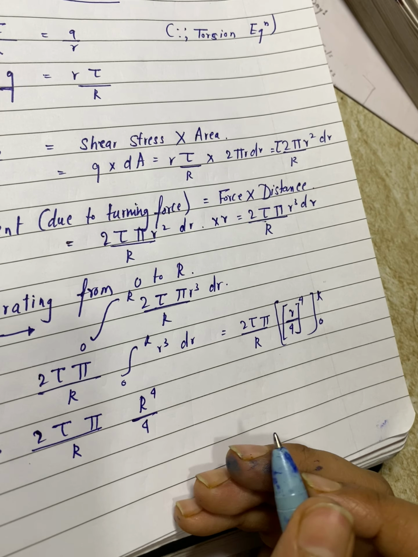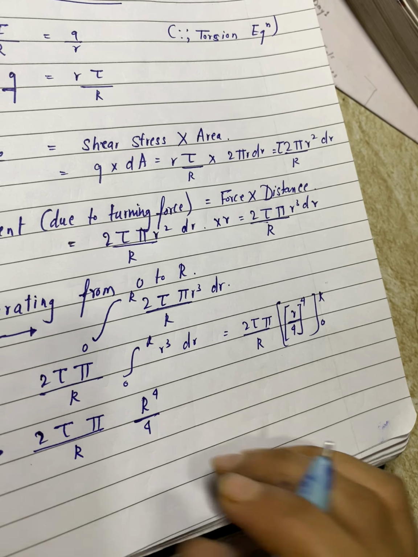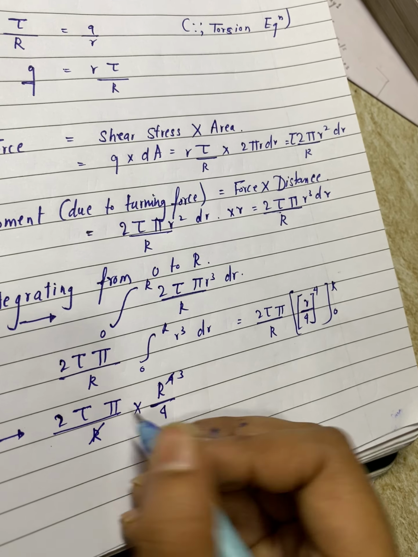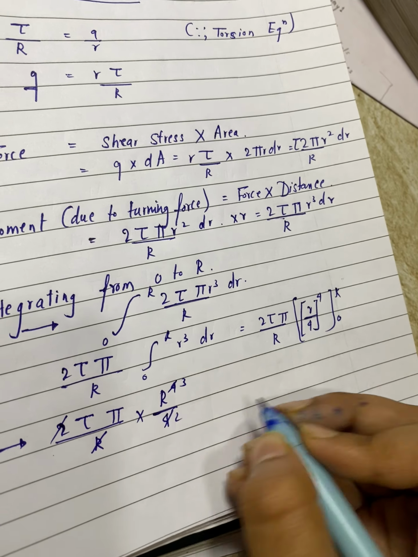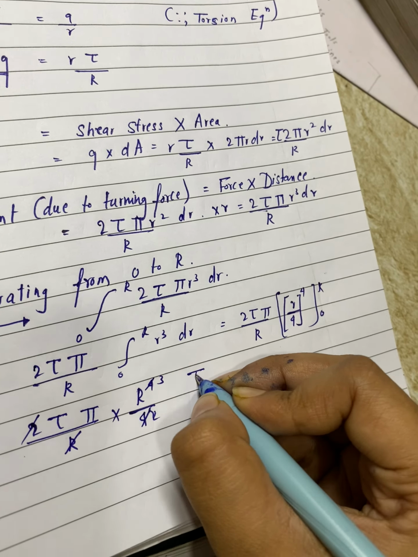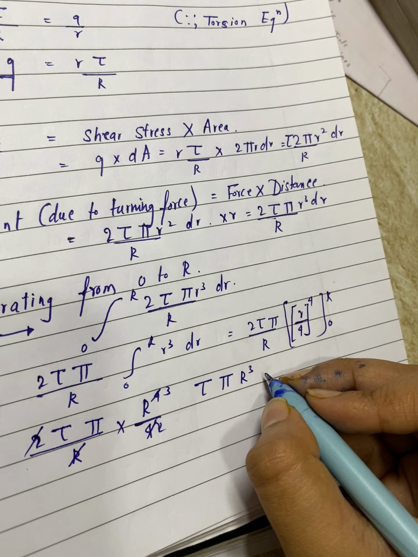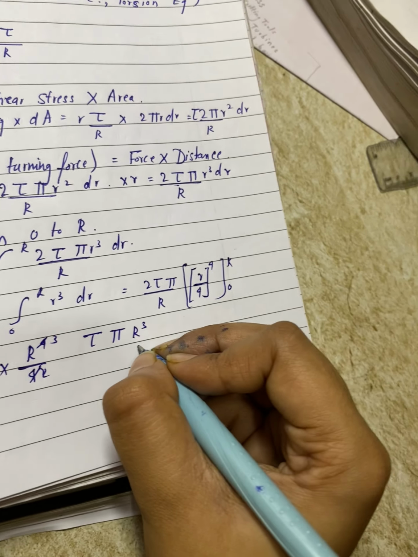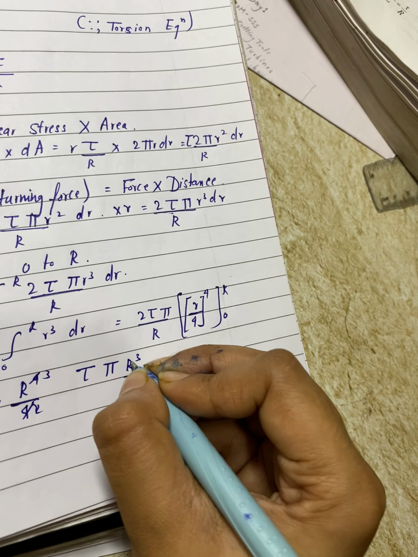And we also have a 4 here, let's not forget that, right? So this will get cancelled, this will become cube. 1 and 2 and 4 will get cancelled. We are left with tau R cube, right, by 2.